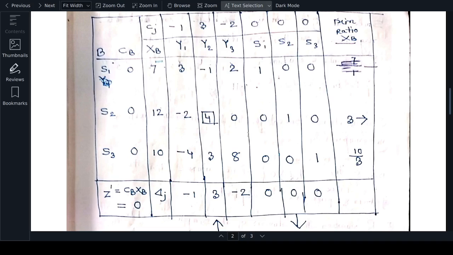Okay. Suppose you see the first table: how to calculate the 7 element in the new table? 7 minus the intersection of key row and key column; the corresponding value here is minus 1. So 7 minus 1 into, our pivot element or key element is 4, its corresponding value will be 12. Why take 12?